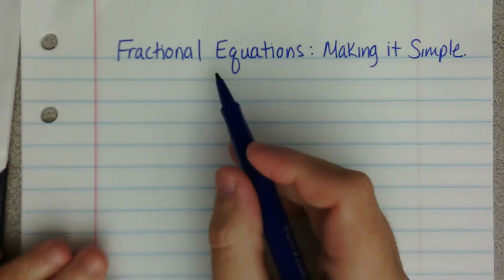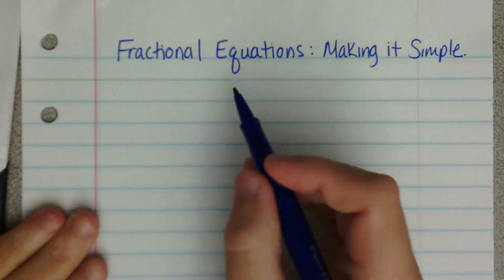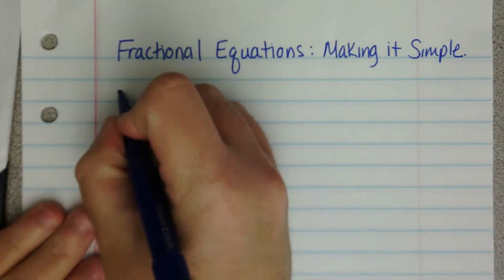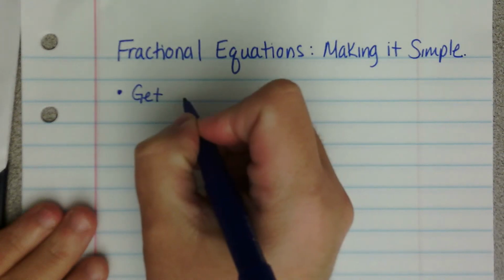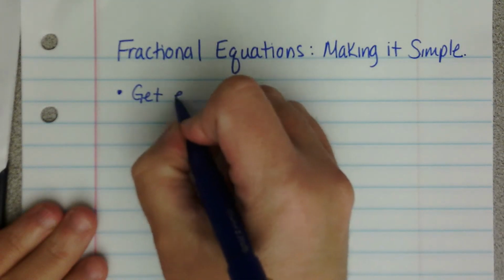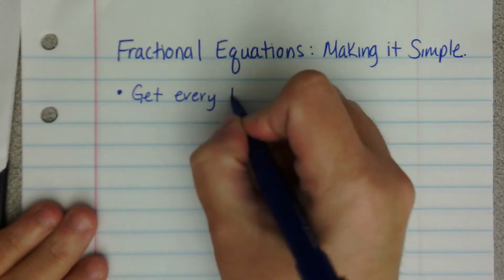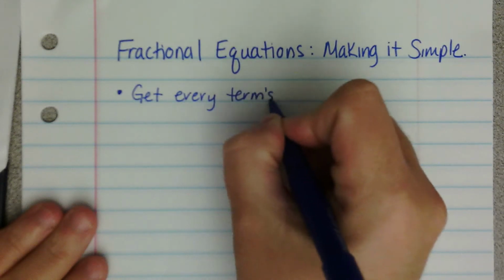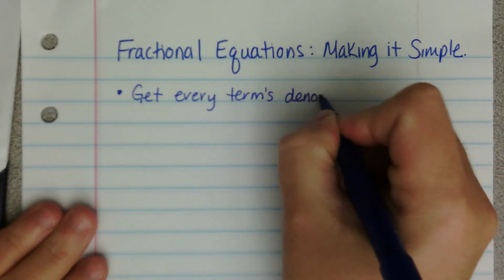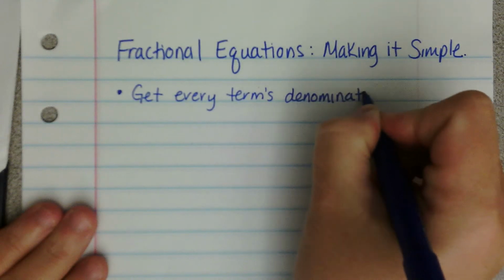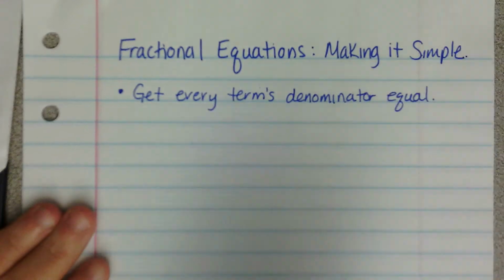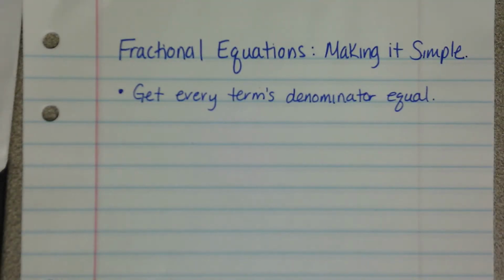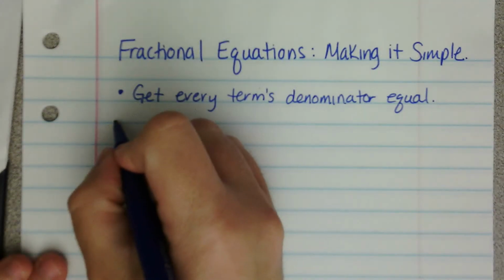As we solve a fractional equation, your goal is to get every term's denominator to match. And once you do that in an equation, all you have to do is solve the top.